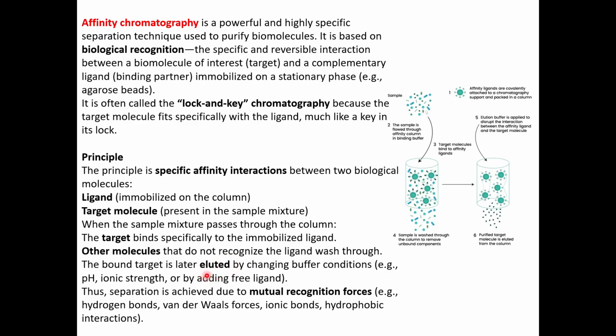When it's reversible, it will be unbound from your ligand, maybe if you change your buffer, or maybe if you change the pH of the buffer, or by excess salt addition, or by adding a different ligand, which could be more specific to your target protein of interest, which can then unbind it from your column, and then you can elute it out.